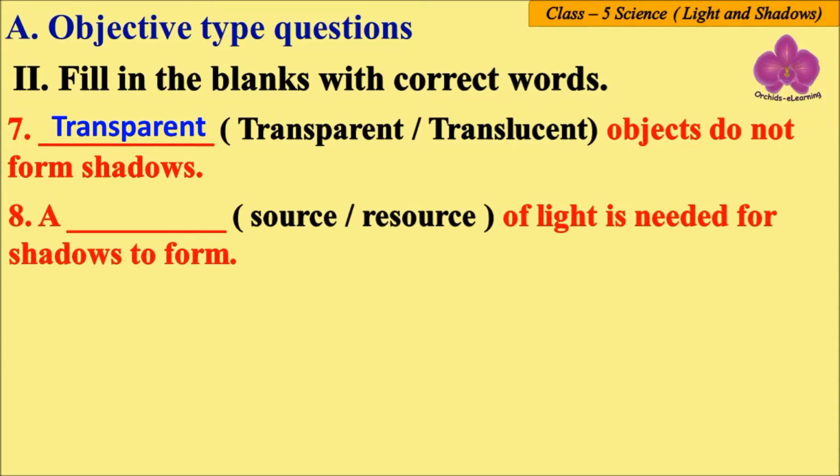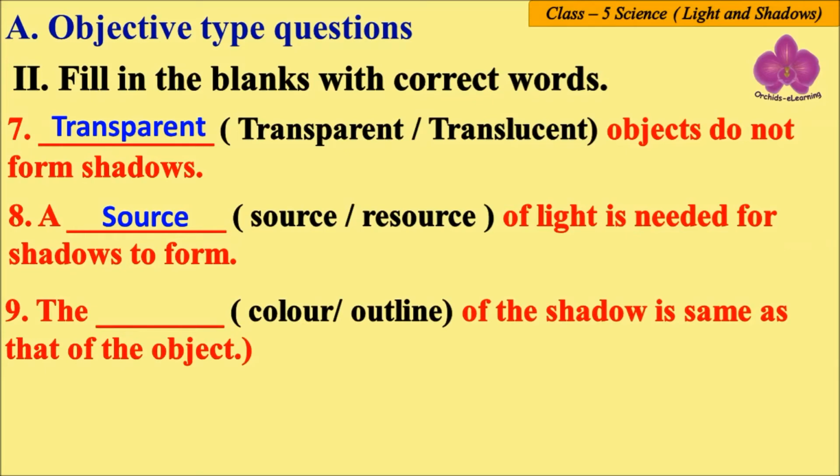Eighth one, a dash of light is needed for shadows to form. Look at the options: source or resource. It is source. A source of light is needed for shadows to form. Next one, the dash of the shadow is same as that of the object.